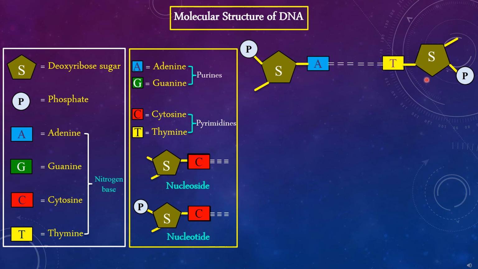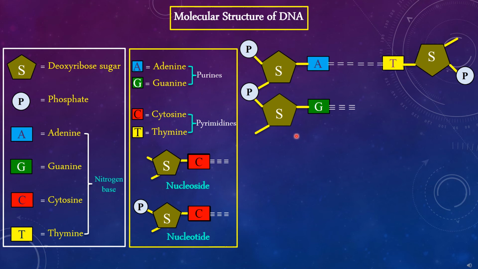Another nucleotide has a pyrimidine nitrogen base, thymine. The purine and pyrimidine nitrogen bases are bonded with a double hydrogen bond between adenine and thymine.